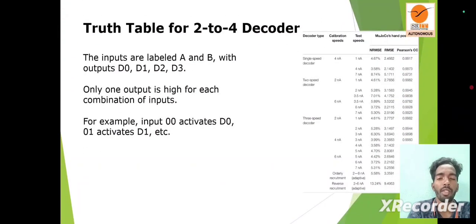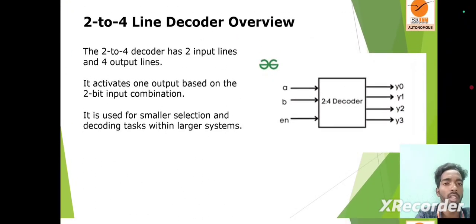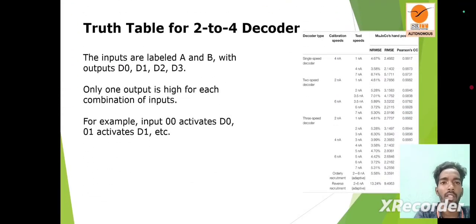And the truth table for the 2-to-4 decoder. The inputs are labeled A and B with outputs D0, D1, D2, D3. As we saw in the previous diagram, Y0, Y1, Y2 are the outputs and A and B are the inputs, and enable also.